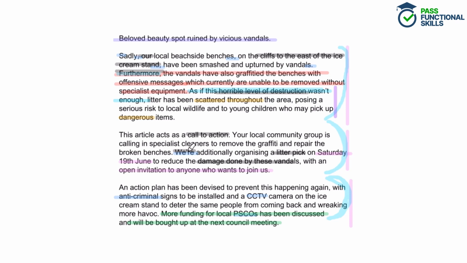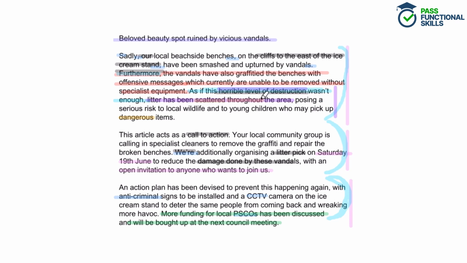We've got lots of different ideas that have been included and linked together here. So saying that there has been a horrible level of destruction, and then going into more detail about other issues that have happened. So litter being scattered throughout the area is another piece of information that we've added there.